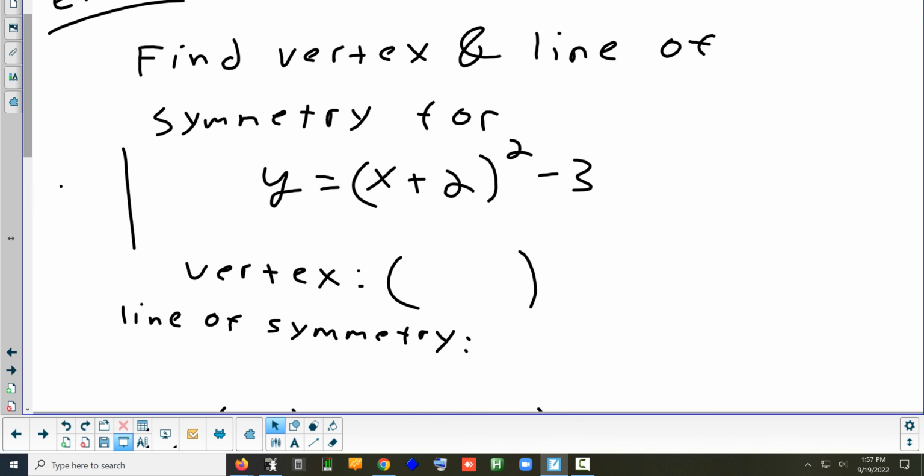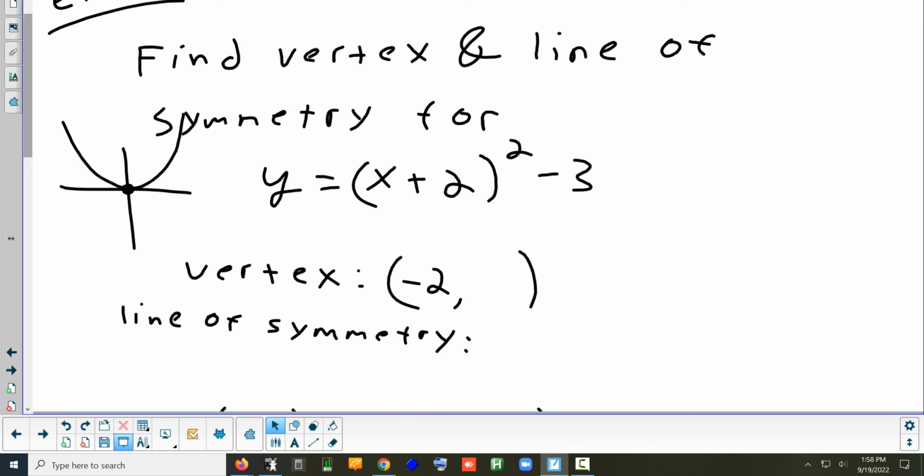So if you were at the origin, what would be the x value if you went left 2? So pretend like here's your parabola, right? You're going to shift it left 2. So where is this point going to end up? On -2. So -2. And then, that's not all we're doing.